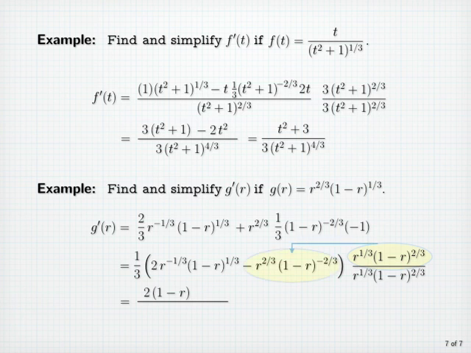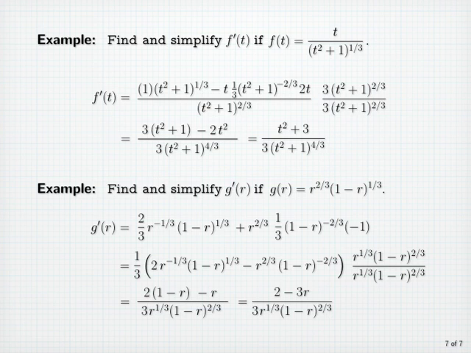Multiplying by the second term gives us minus r to the first power times (1 minus r) to the 0 power. And our denominator is 3 times r to the 1/3 times (1 minus r) to the 2/3. And finally, we simplify the numerator, and the final result is (2 minus 3r) over 3r to the 1/3 times (1 minus r) to the 2/3.